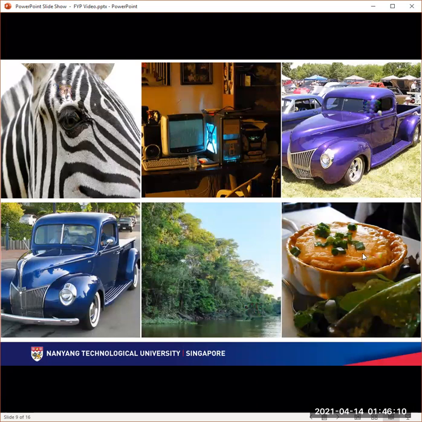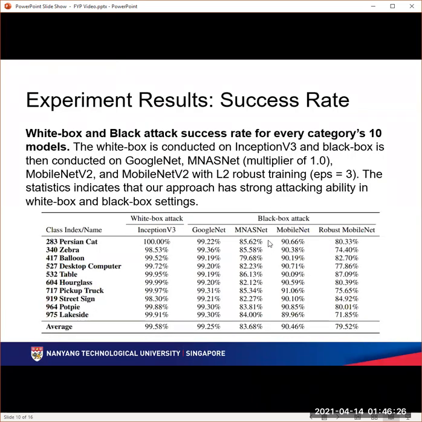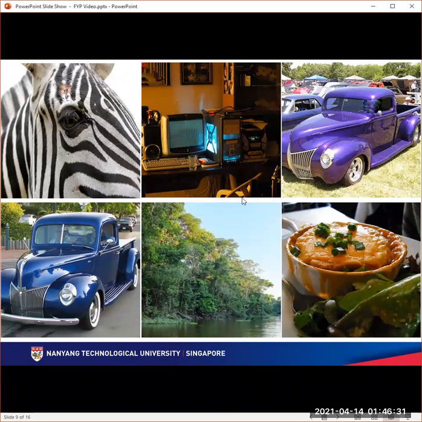And on the right lower corner of the cake, you can also notice a patch. This kind of inconspicuous attack will make the whole image wrongly classified by the deep neural networks. These are just a few examples of the adversarial patches generated by our approach.